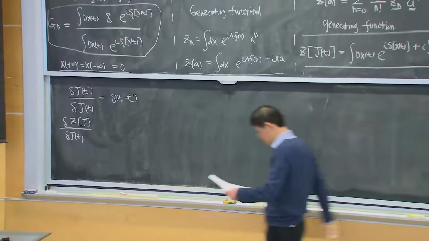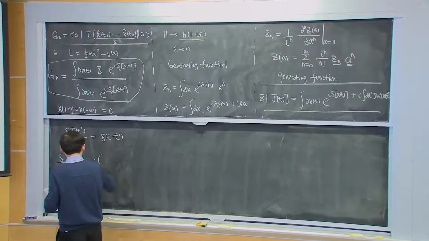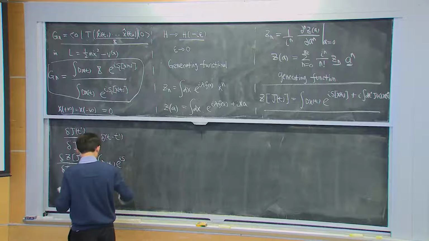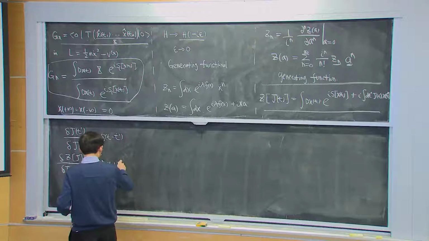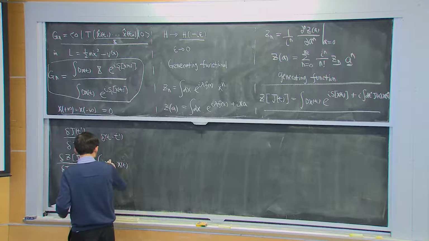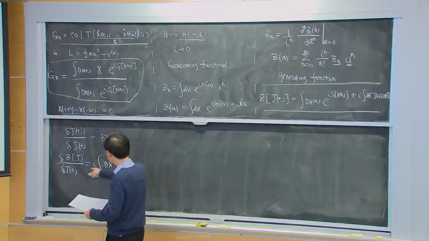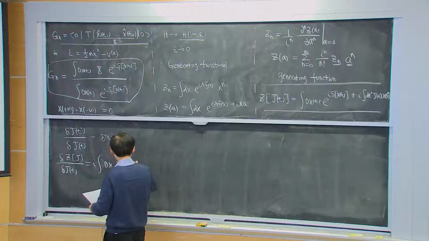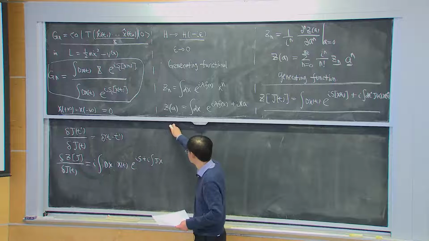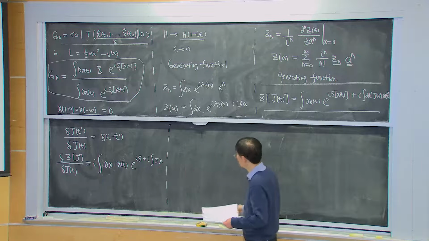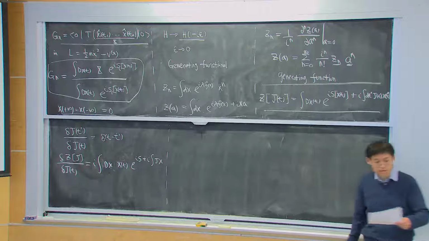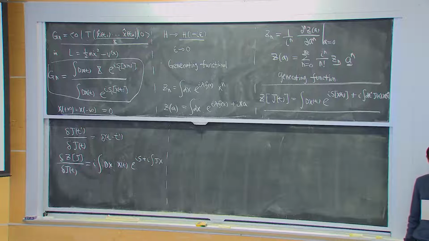Then you get dx, and you have a factor of x t from taking the derivative of J t, and then exponential of i S plus i J x. You should keep in mind that in the dt etc., I'm just using a simplified notation. Good. Any questions on this?